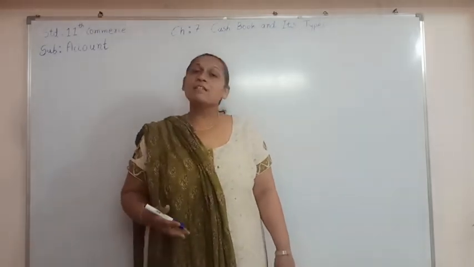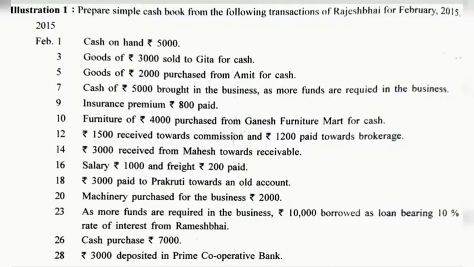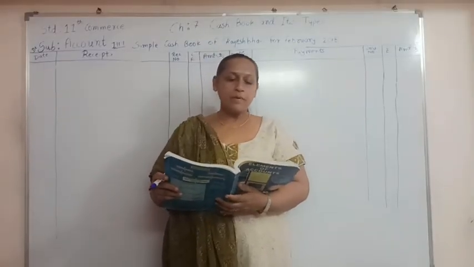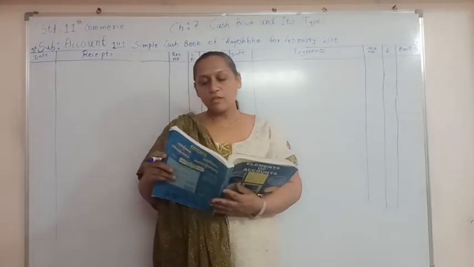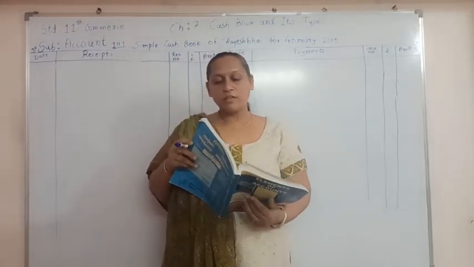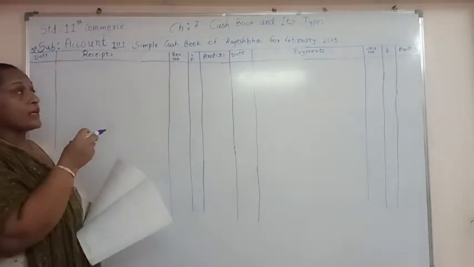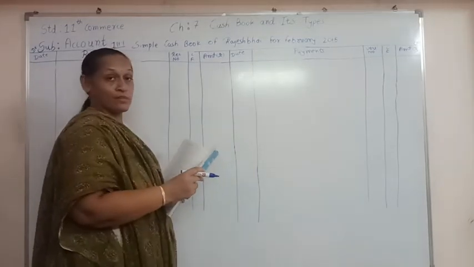So let's see illustration number 1. Prepare a simple cash book from the following transactions of Rajesh Bhai for the month of February 2015.